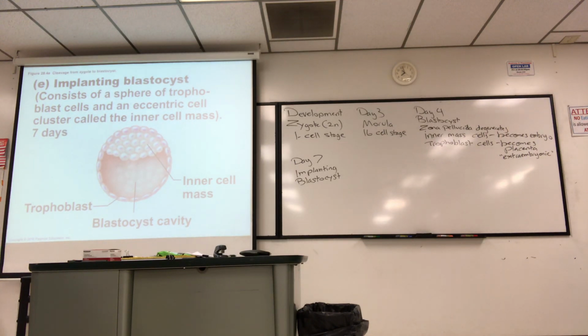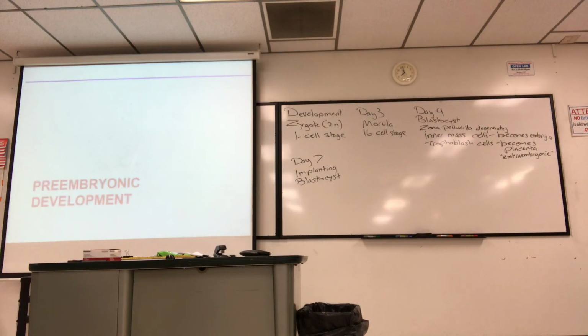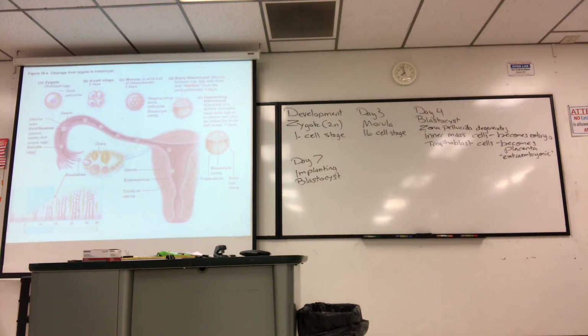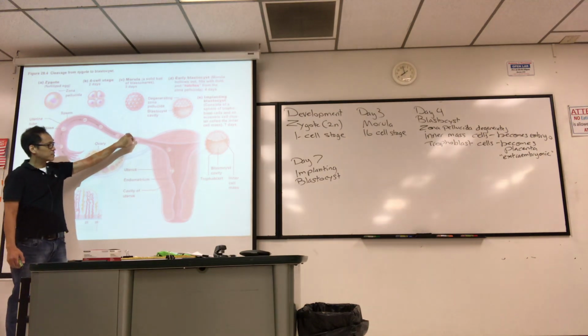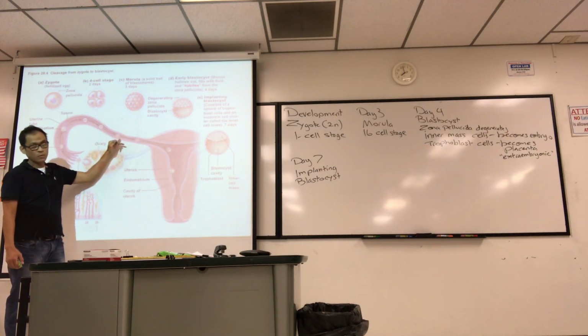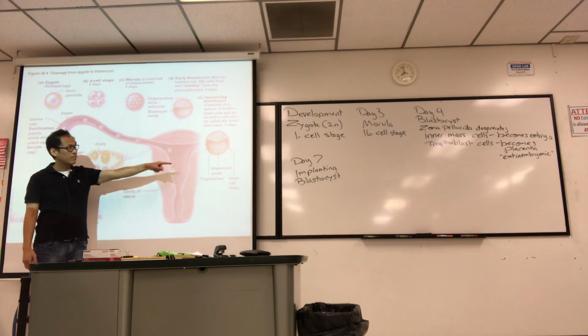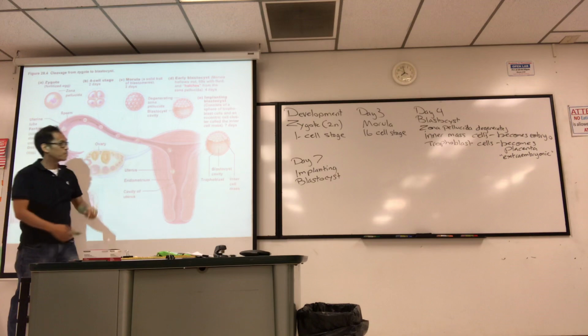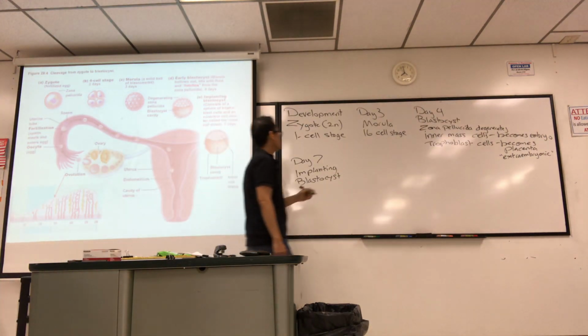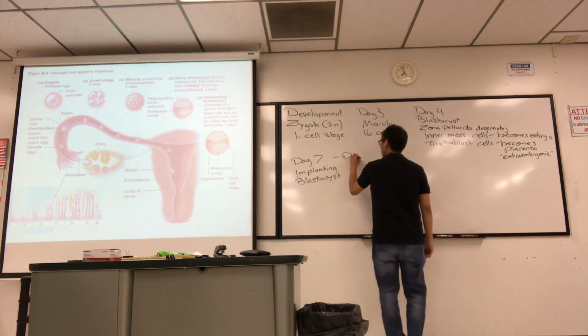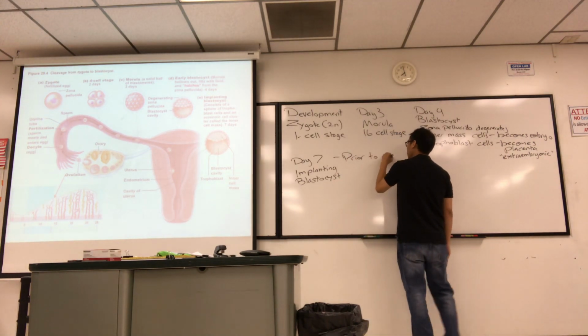So to give you a better picture of what's happening for this pre-embryonic development, this is a good figure to look at because it shows you fertilization occurring in the ampulla of the uterine tube. And then for the first week or so, there are contractions in the isthmus to keep the conceptus in the uterine tube while the endometrium prepares for implantation. So prior to day 7, you're stuck in the uterine tube. Prior to day 7.